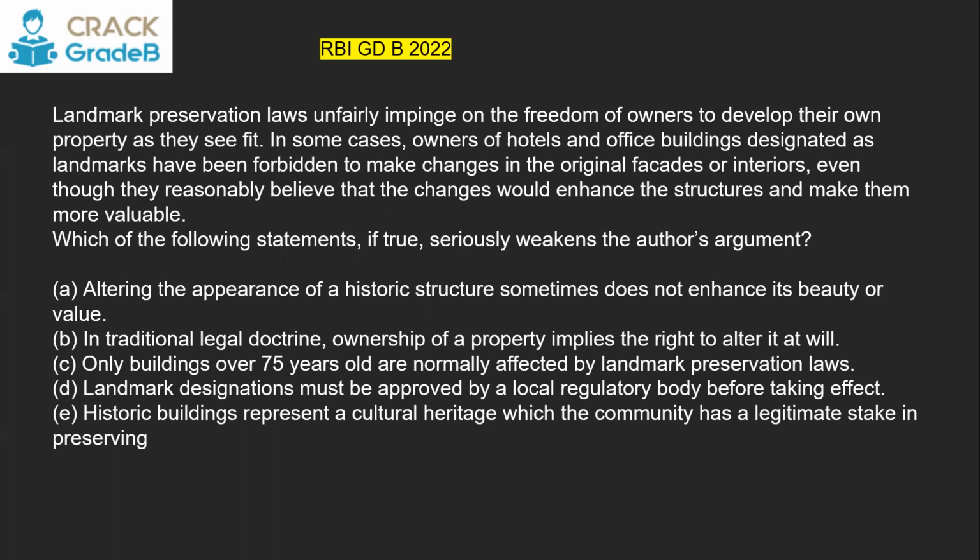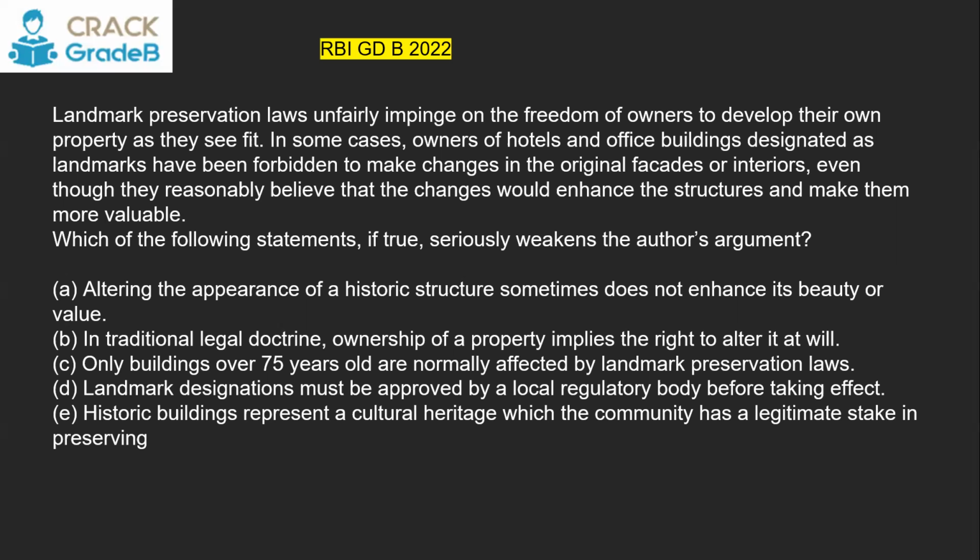Now, these types of examples, if you can relate them with real life phenomena or real life incidents, then it will be really helpful for you to understand these questions. For example, Jaipur. There are areas in Jaipur where you have to paint your shop from outside with the same color, and that's to maintain the pink city status.